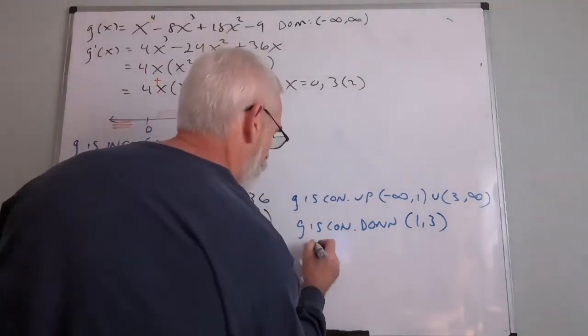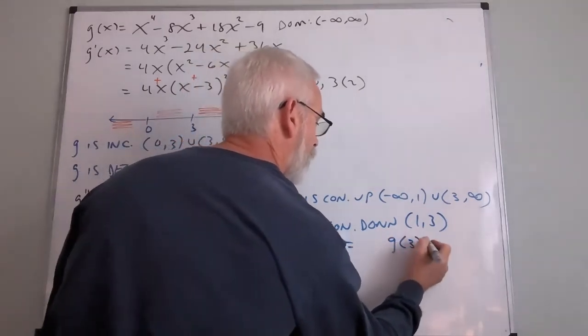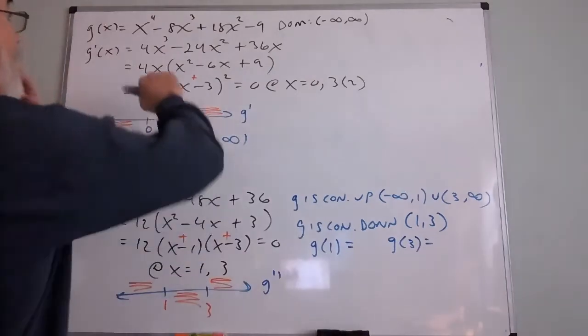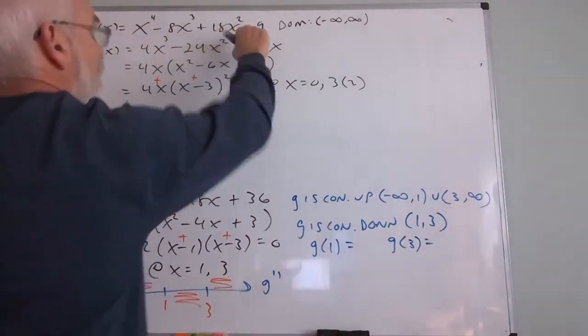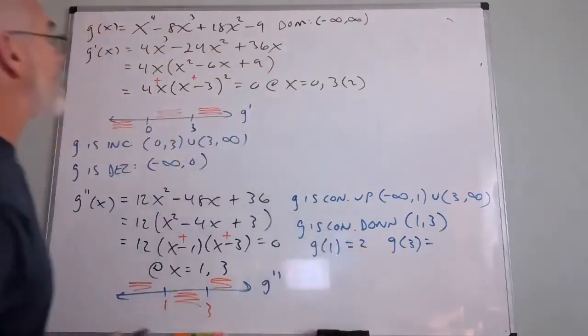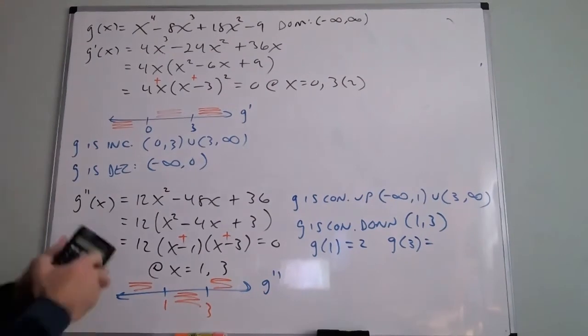So I need, what is G of 1 and G of 3? What are those? G of 1, it'd be negative 7 plus 11 minus 1, that'd be 2. All right. And I'll use my calculator for the other one. And then G of 3.